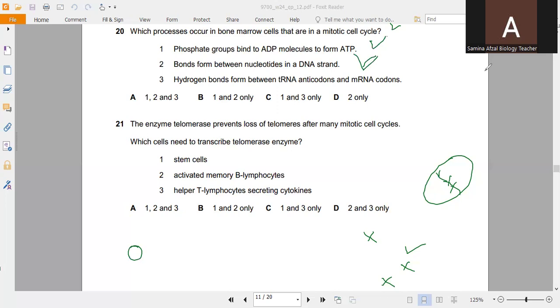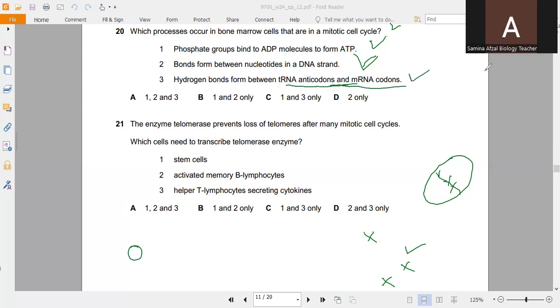Now the third one is hydrogen bonds formed between transfer RNA anticodons and messenger RNA codons. So I would like to say this is also correct. That is the hydrogen bond formation between transfer RNA and messenger RNA codons.